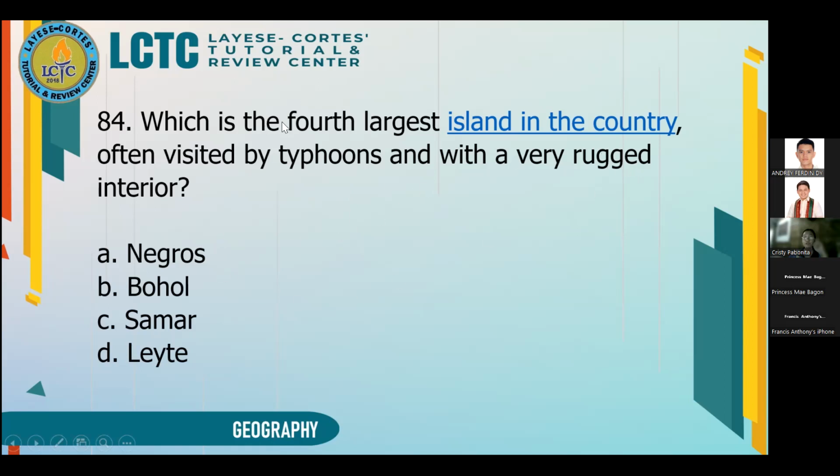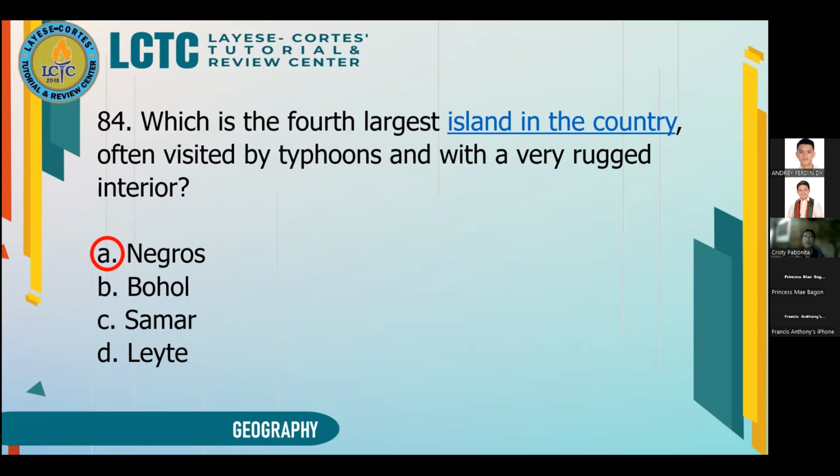But focus on this fact: the fourth largest island in the country. What is the fourth largest island? Leyte. The answer is Negros. Yes, I noticed that some of the reviewers have answered Leyte.